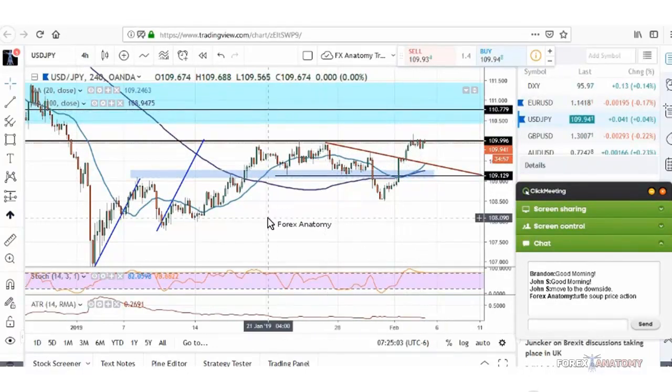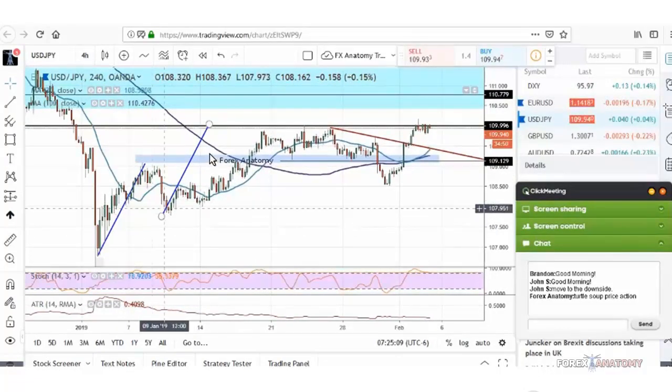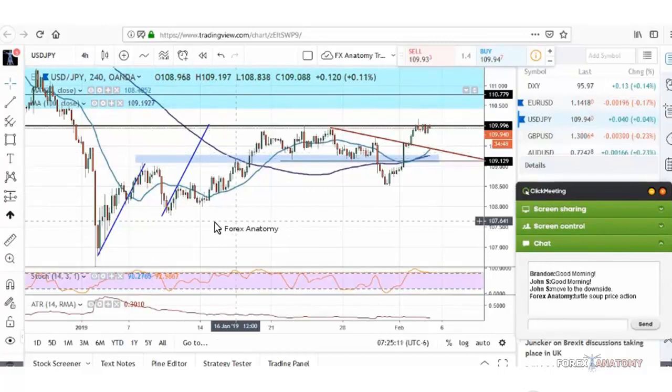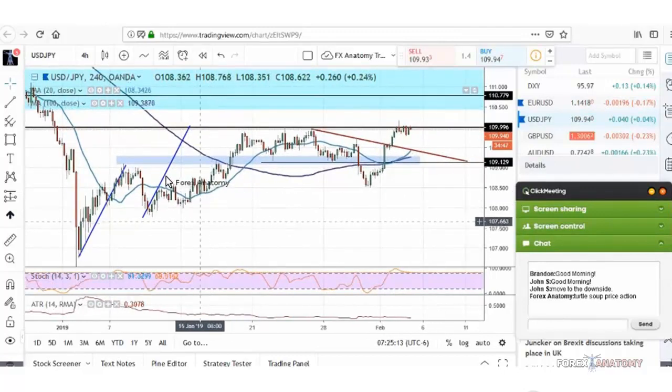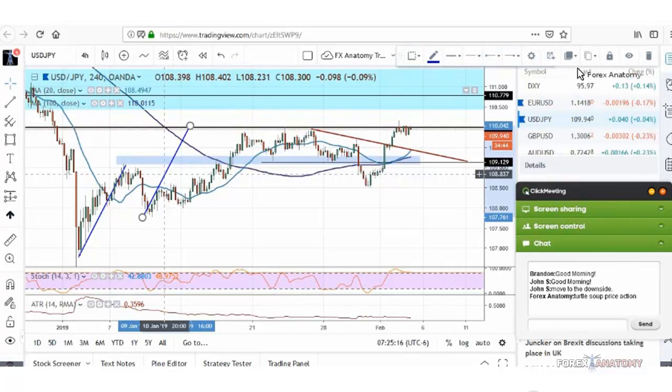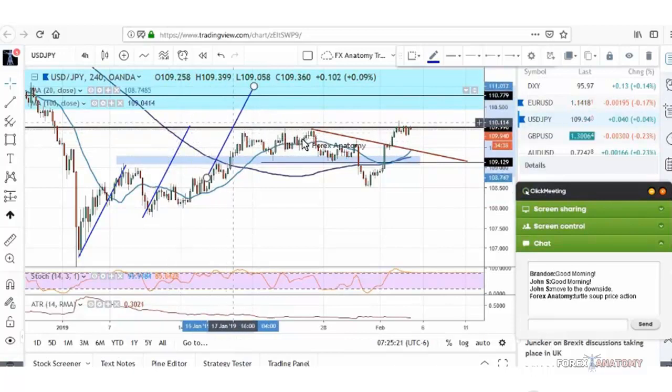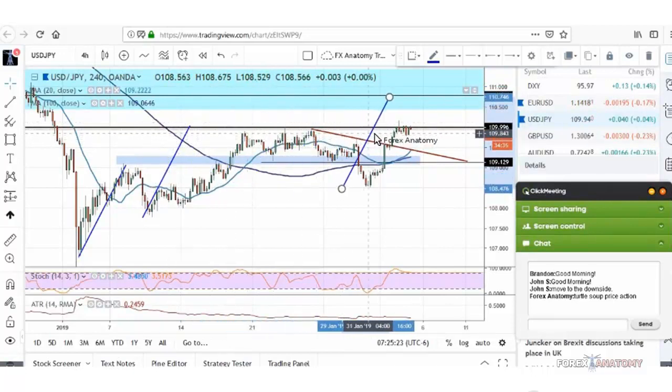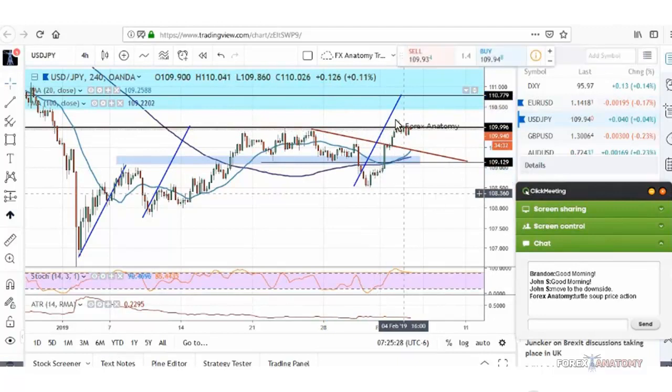Now, let me show you how the market typically moves in symmetry and in harmony, because we have this AB equals CD move. What I want to do is share something with you right now. If we clone this line and drag this same line all the way to this swing low right here, where does price go?